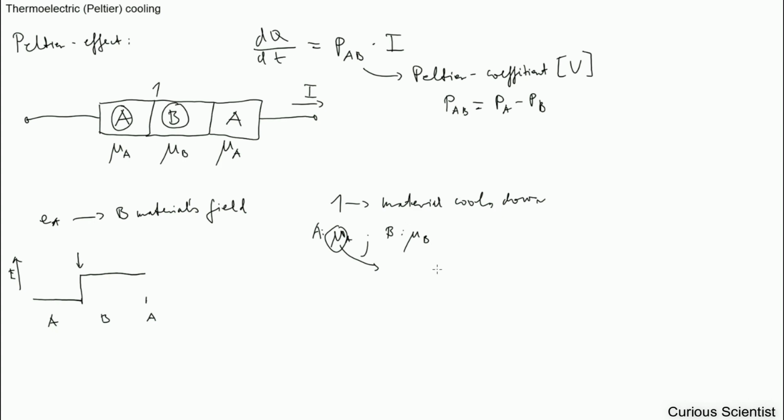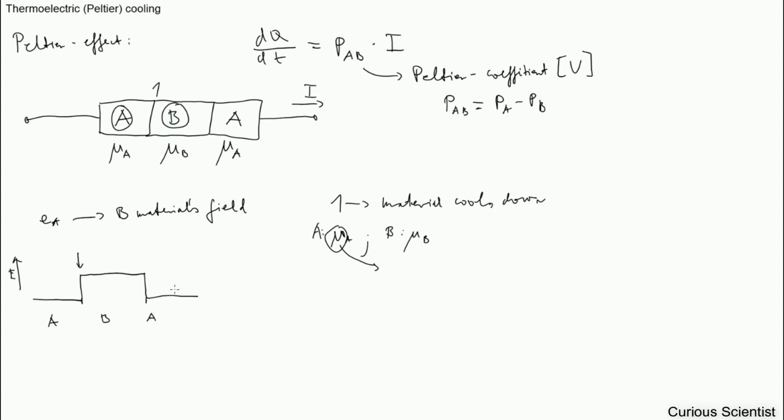because the electrons have to get their energy from the material, and then the electrons are in the B material, and now they are about to get back to the same A material, where they have lower chemical potential, so they have to go back.